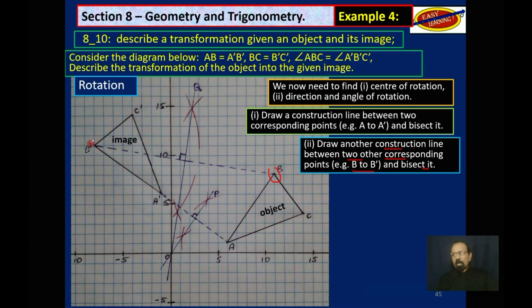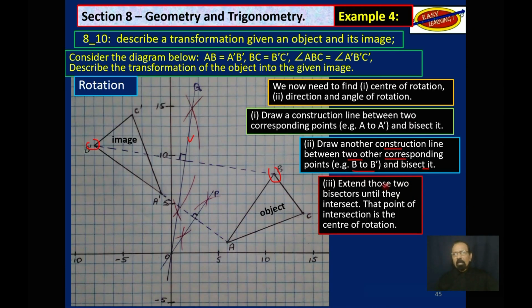You get this bisector here. Now extend those two bisectors if you need to until they intersect. The point of intersection is the center of rotation.